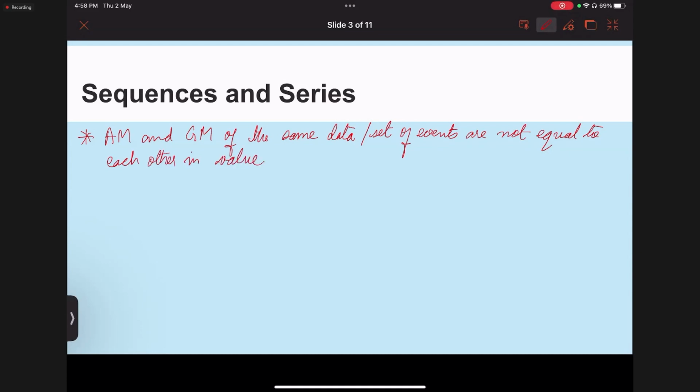We saw that the values differ for both arithmetic mean and geometric mean.